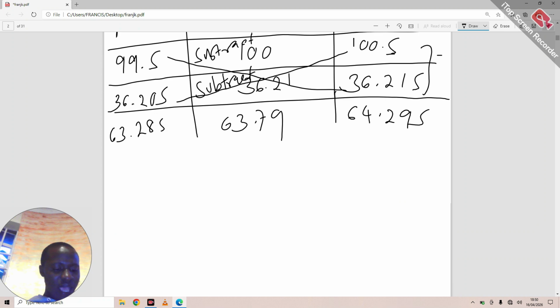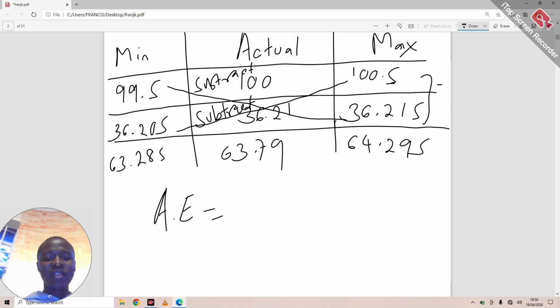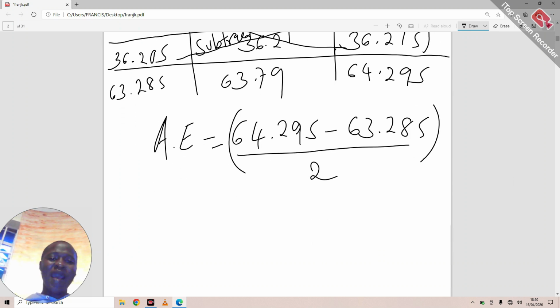Now, the question is to get the absolute error. So to get the absolute error, talk of maximum. What is our maximum? That is 64.295 minus the minimum, which is 63.285, divide by 2. The main reason why I'm getting absolute error in most of the cases, remember I told you that the only challenge when it comes to this topic of approximation and errors is always to get the absolute error.